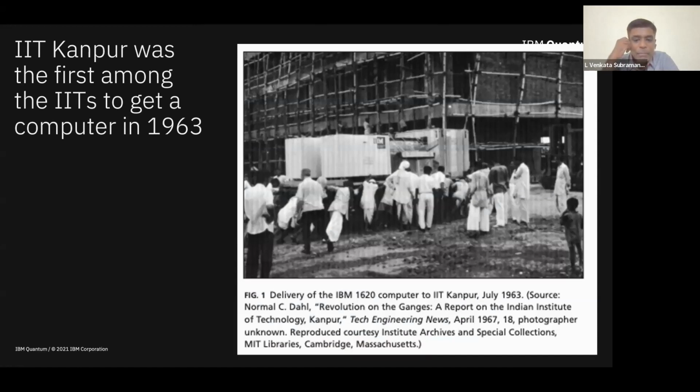In this year, the IBM 1620 computer landed at Kanpur airport, and from the airport to the IIT campus, it was carried on a bullock cart because the roads were bad, and people feared that if you took it in a truck, it would harm the computer because it had a lot of moving parts then. So they took it slowly on this bullock cart to the IIT Kanpur campus, right? This was the year 1963.